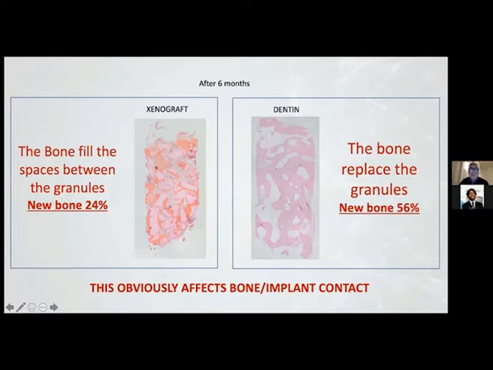If you use a xenograft material, we have only 24%. So obviously, if you place an implant in this site, in the xenograft case we have a very thin bone-implant contact, and in this case, we have 55% of bone able to have contact with an implant inserted in this site.